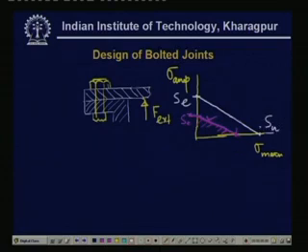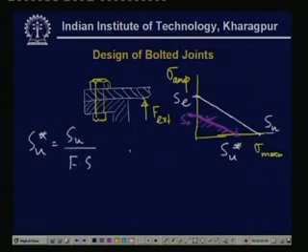Previously in the Soderberg line it was yield strength, now it is ultimate strength, and again the same procedure. We have Su star, which is nothing but Su divided by factor of safety, and this line is the Goodman's line.